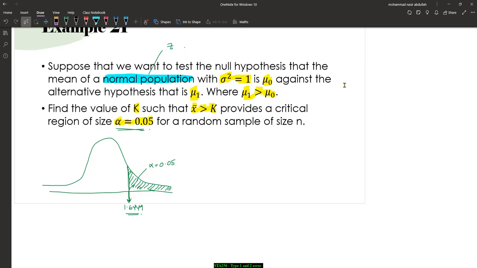which is x bar more than k, provide a critical region. Maksudnya when x bar more than k, right? So this is a rejection area, right? Okay, when x bar more than k is a rejection area.